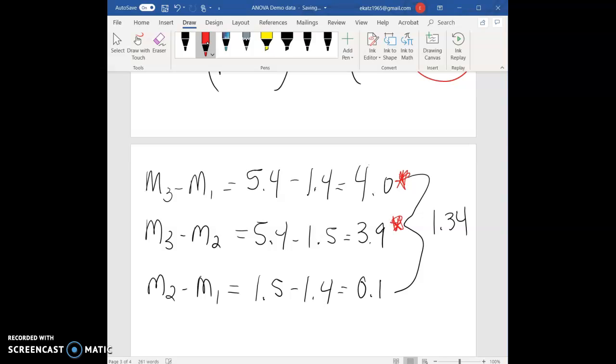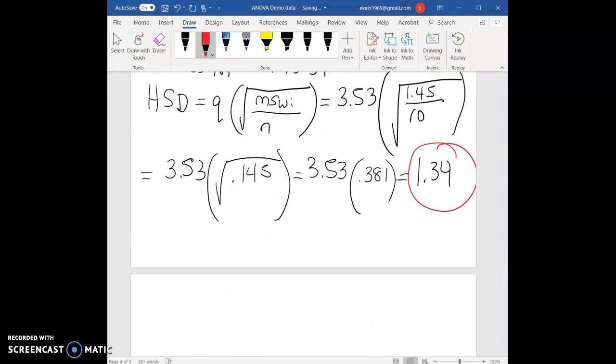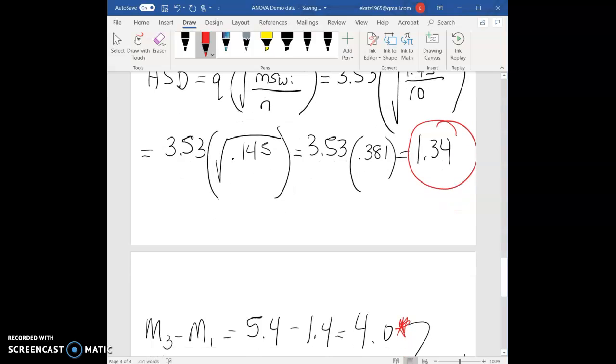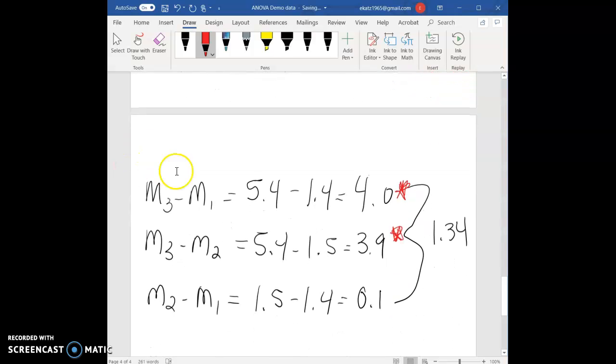So I'm starring them to indicate that those two differences are statistically significant. However, we can also see that the difference between the mean for group 2 and group 1 does not exceed 1.34, so we're not going to star that because it is not statistically significant.